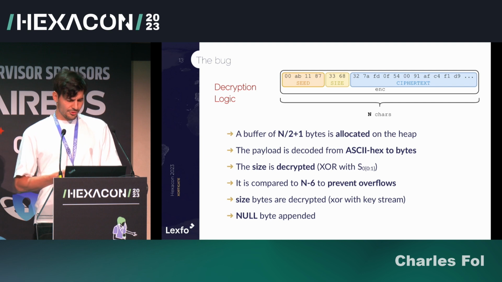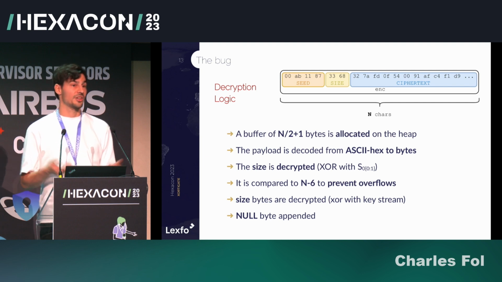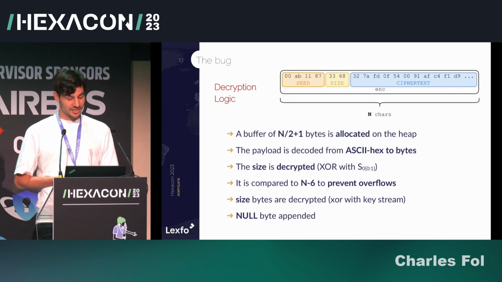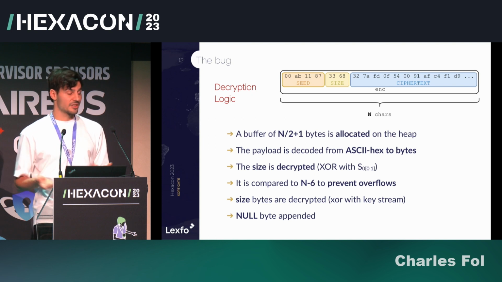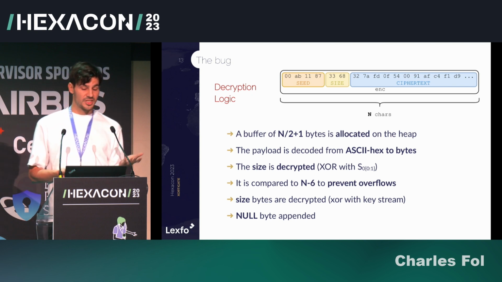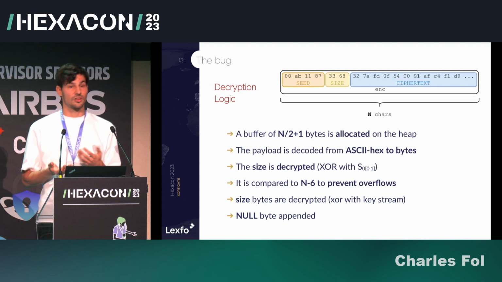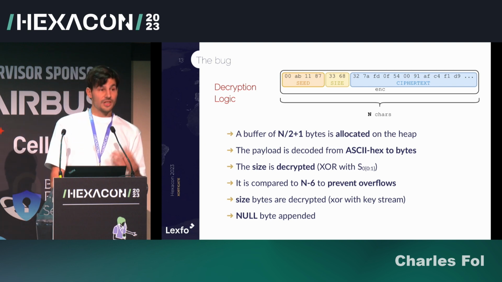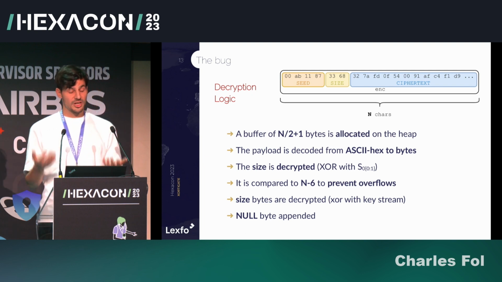And then what you need to do is to check that the size doesn't exceed the size of the buffer. You are checking for overflows. And what you do is simply compare the size with the size of the payload minus 6, which kind of makes sense because the seed is 4 bytes long and the size is 2 bytes long. So the remaining part is actually n minus 6, right? And then using the size, you know how many bytes you need to decrypt.